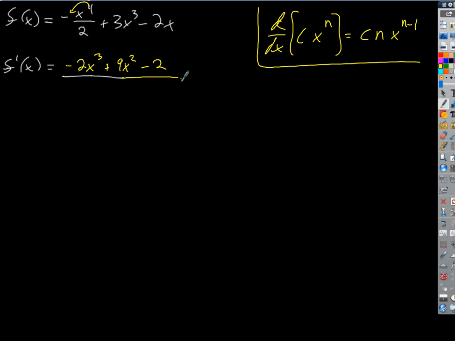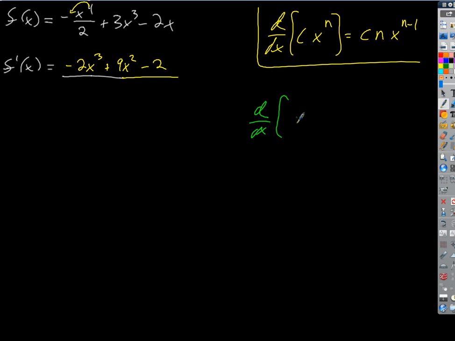I mean, this is overkill, but what if n is 1? So for example, if I want to take the derivative, and this is way overkill, we don't need to do this, but I just want to show you it's consistent.